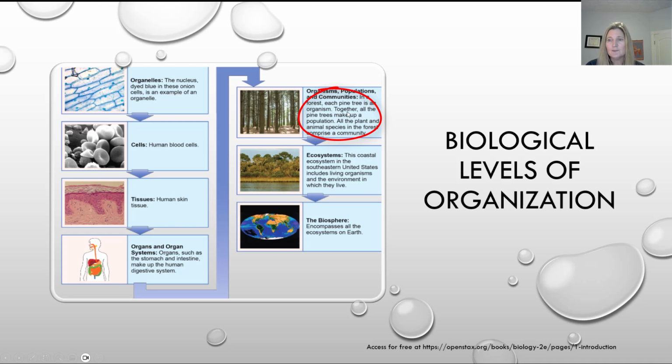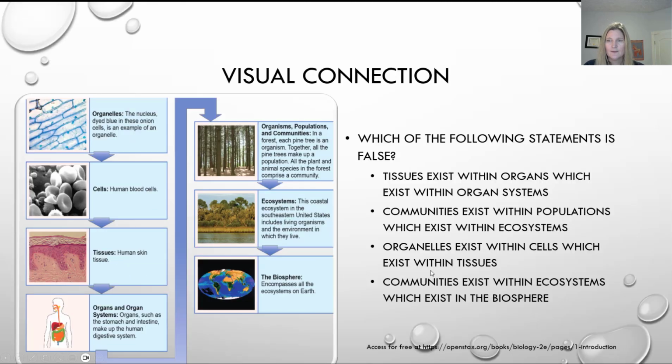That would be an example of a community. Or we can include the abiotic factors, okay? The soil, the climate, the water, the topography, all that could also be included with the living component to form an ecosystem. Or we can focus on the biosphere, so all the living systems on Earth.